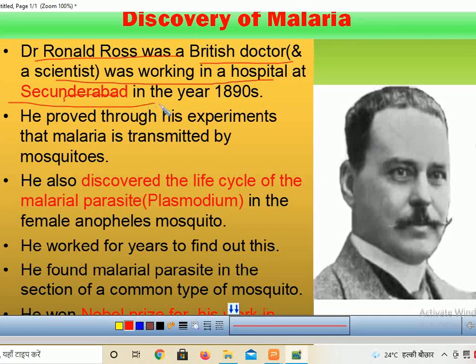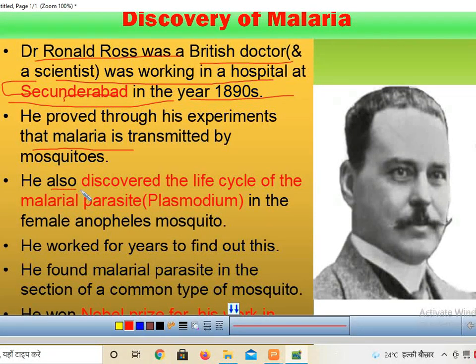So he was studying, researching and discovering in the hospital of Secunderabad in 1890. And whenever research work is done, not a single experiment, a lot of effort has to be made. Sometimes they get failures also, but they never stop their work.